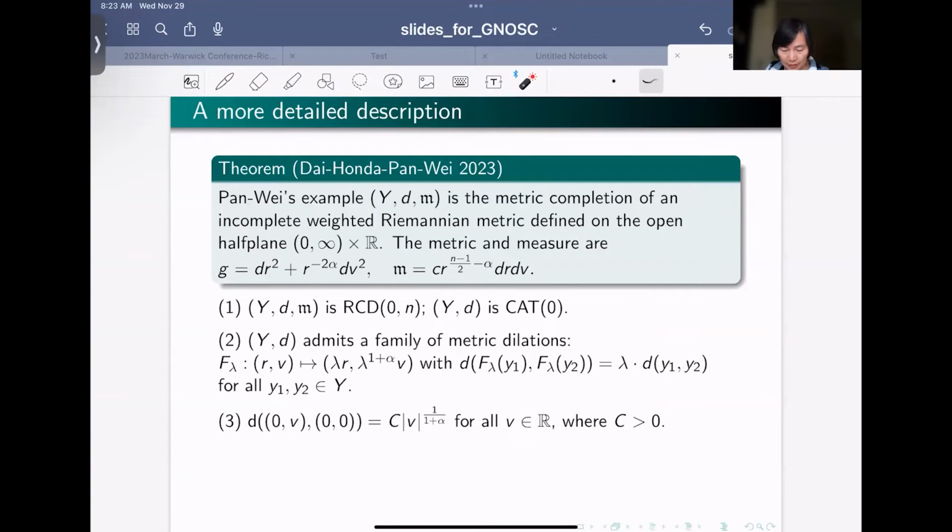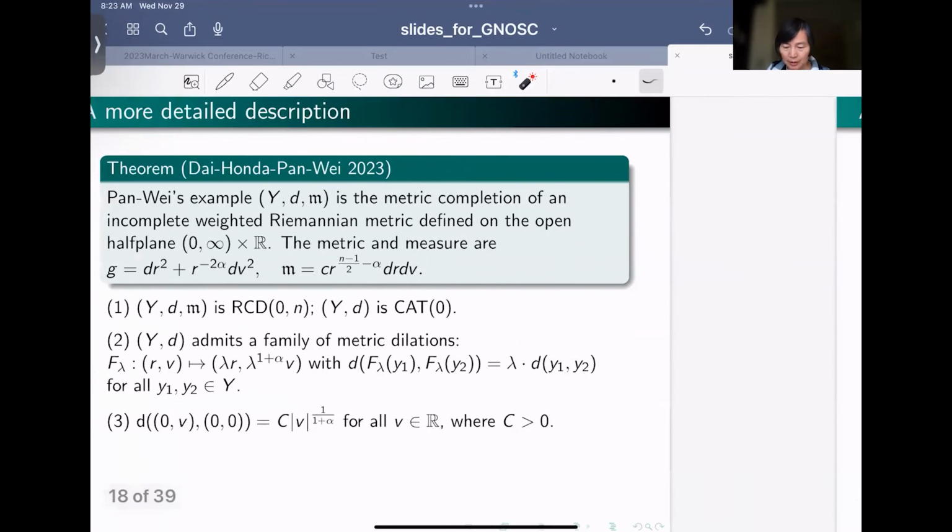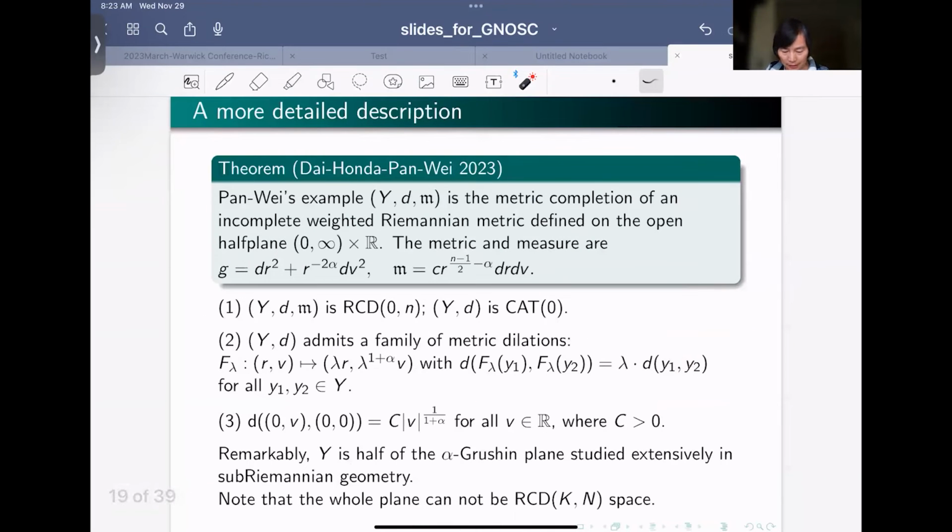The motivation when we studied this more was that we were trying to study the so-called Weyl law. Another surprising relation we found from this metric is that these are the so-called Gaussian plane, which is studied a lot in sub-Riemannian geometry.